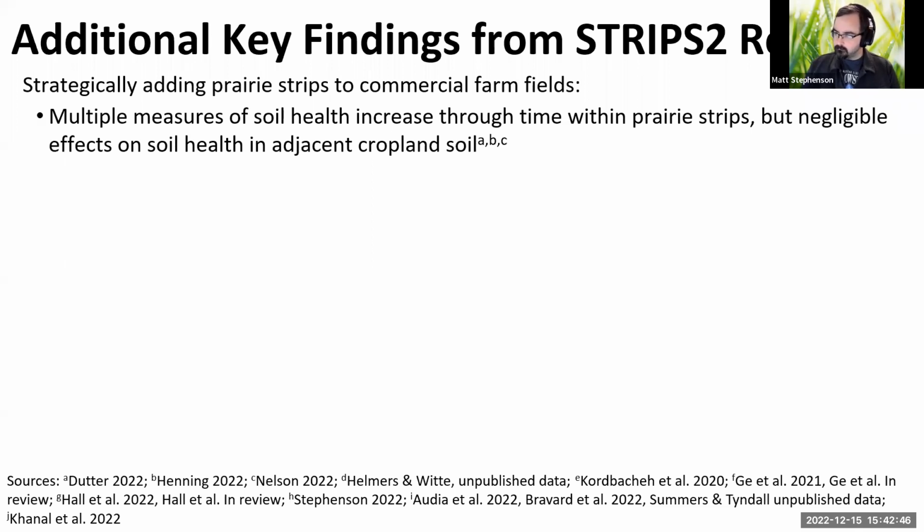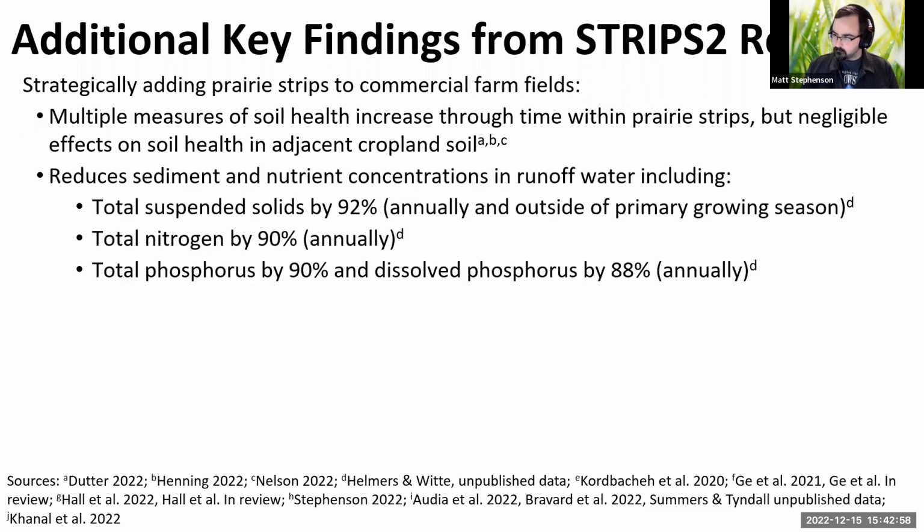So we can improve the soil health in our crop fields within that footprint of the prairie strip, but that doesn't apply to adjacent cropland soils. We're also seeing similar results in the water quality area that we found in the initial STRIPS 1 research.